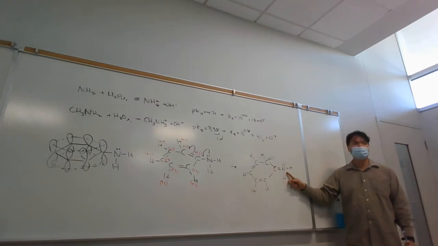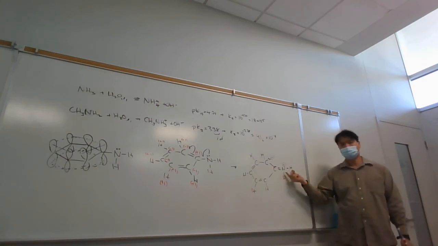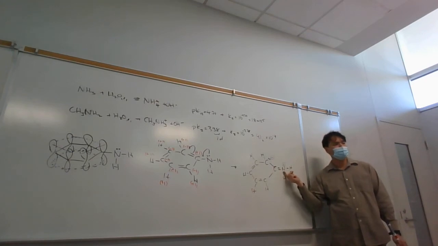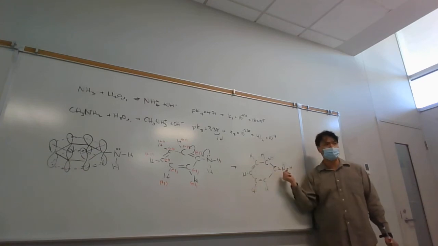Not trigonal pyramidal. Well, hybridization is sp something. Trigonal pyramidal will be the molecular geometry of the other one. This is trigonal planar, the molecular geometry. Trigonal planar would require what hybridization? sp2. So this is sp2. So we went from sp3 to sp2 there.